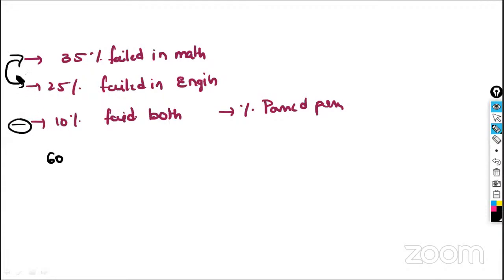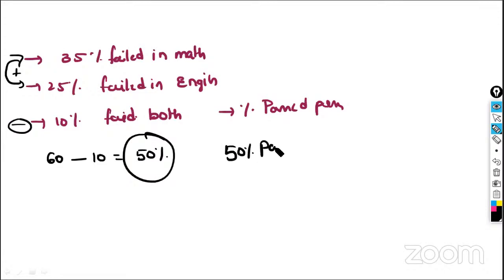Subtract this one. That's it. How much? 50. Right? 50 will be failed. That means 50 will be passed.